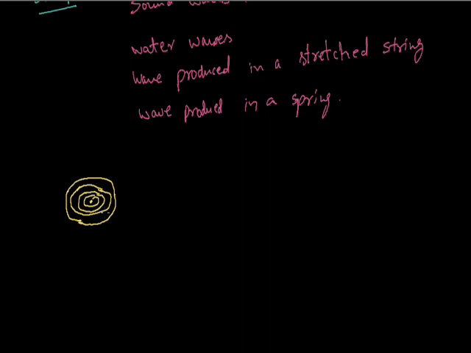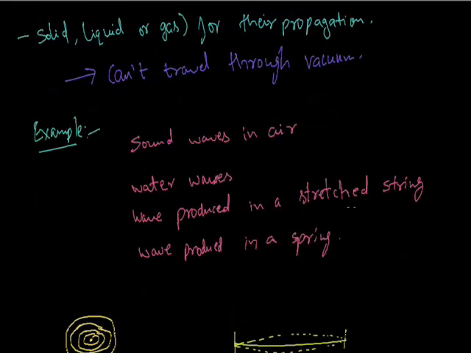We'll study transverse waves when we come to that. Right now, just understand that water waves created on the surface of water are an example of a mechanical wave. And if I have a string like in a guitar, the wave produced in this system is also an example of a mechanical wave.